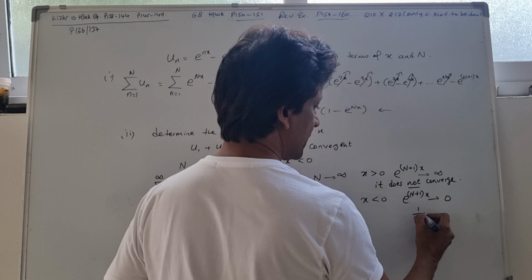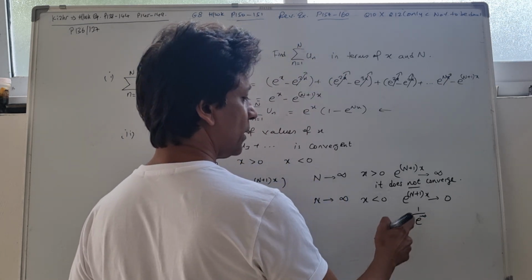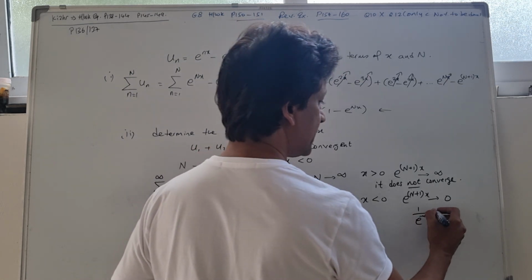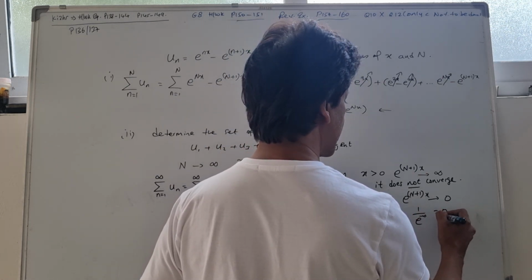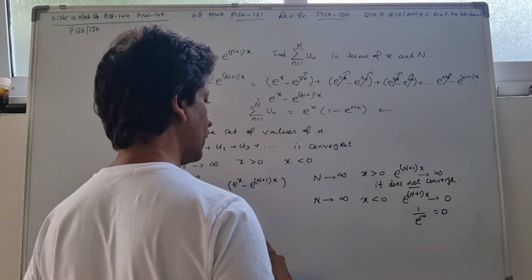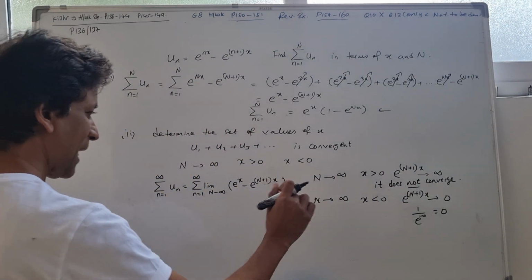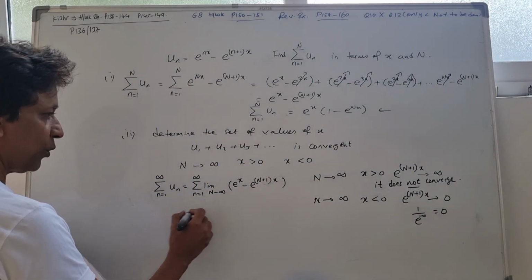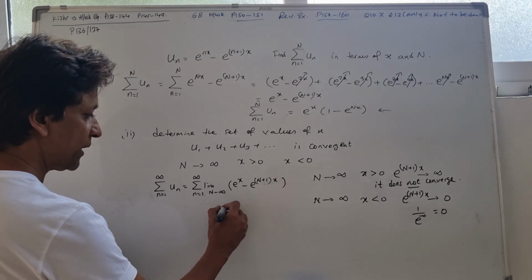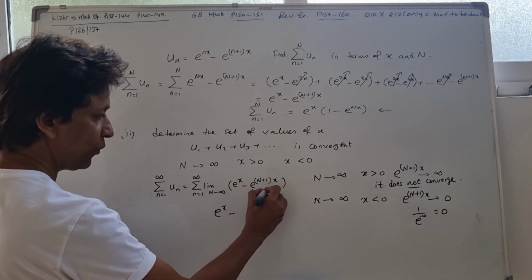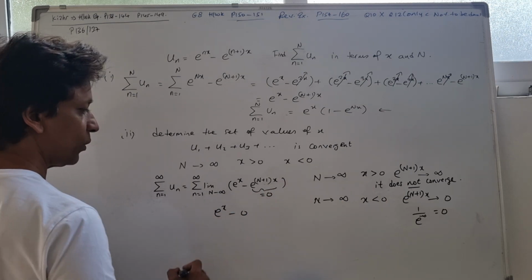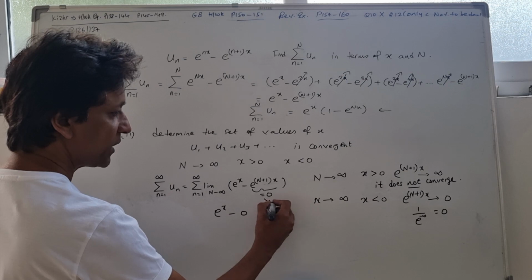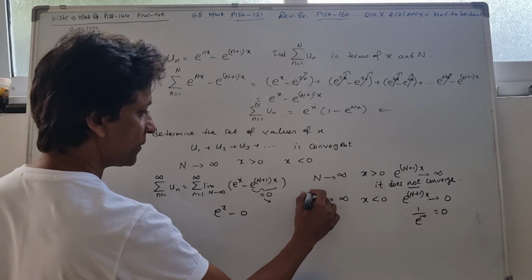There's a very large value on the bottom, so this is going to be equal to 0 basically. As n gets bigger, this goes to 0. So we have e to the x minus 0, because of these conditions.